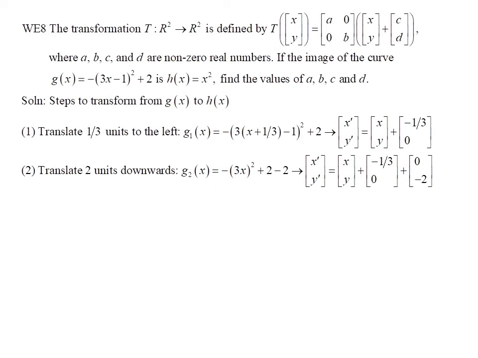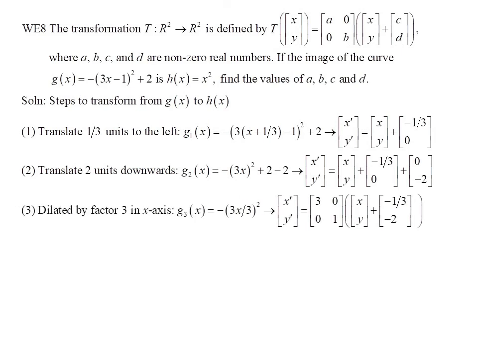For the second step, we translate 2 units into negative y direction, which means it subtracts 2 from the previous function. In the matrix equation, it adds a 2×1 matrix with -2 placed in the second row.